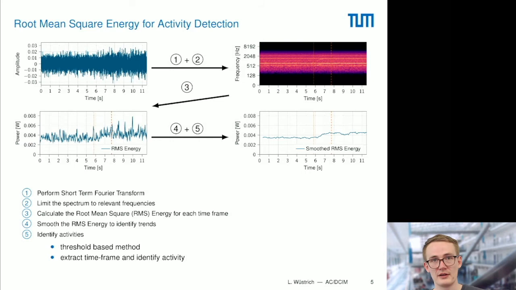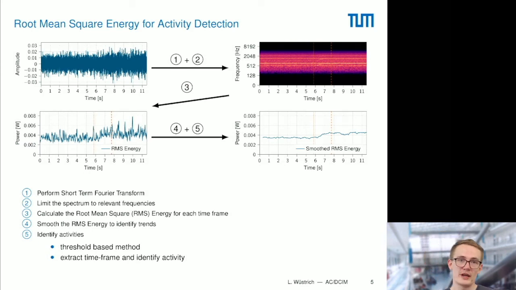In the final, fifth step, we identify the activities in the changes of the RMS energy. In our case, we apply a threshold-based method, but there are several possibilities to realize this step. In this example, we identify the start of a device turning on and spinning up its fans. These are marked by the dotted and dashed lines here, and we mark them in the other figures as well for clarity.